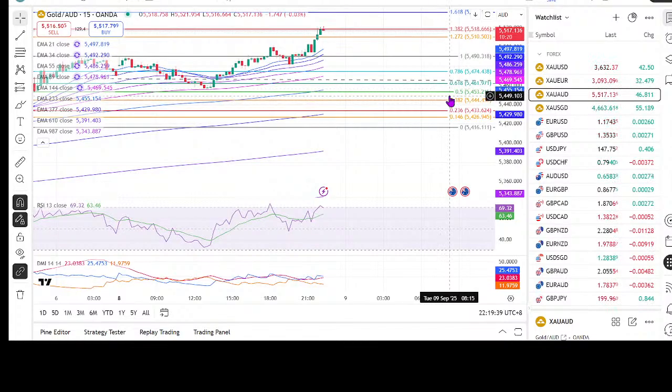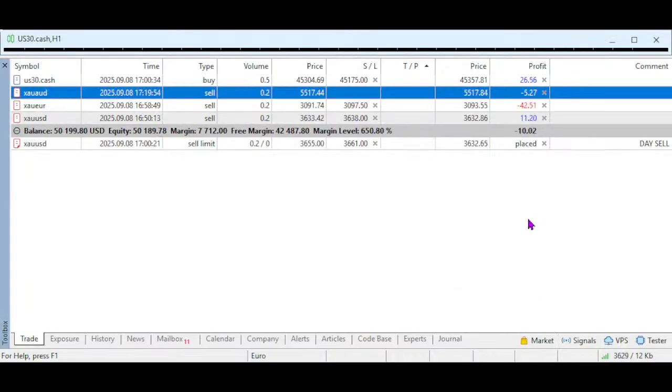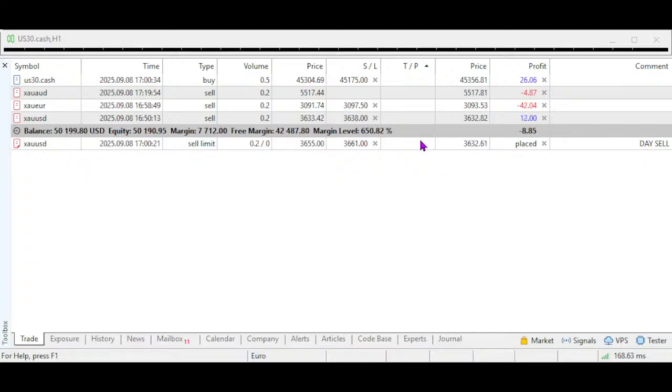So let's try to sell the gold Aussie. Gold Aussie, sell at market, since we feel so. Put a stop at 22.